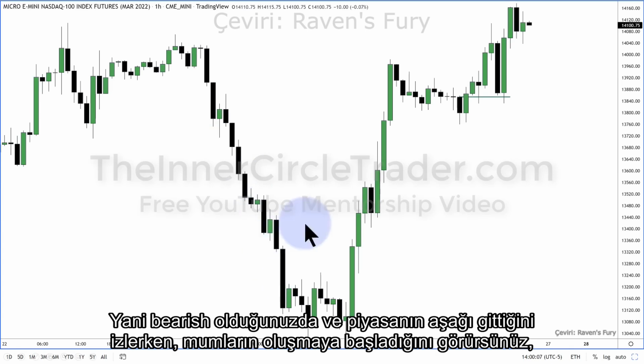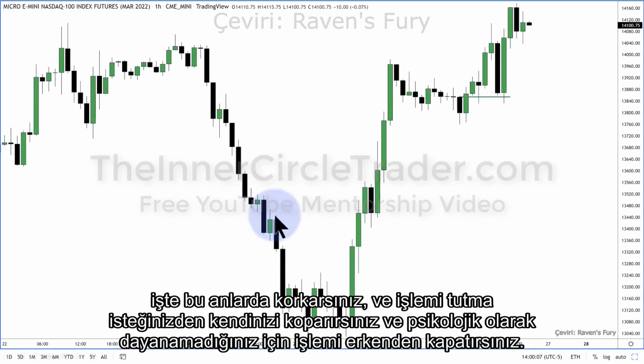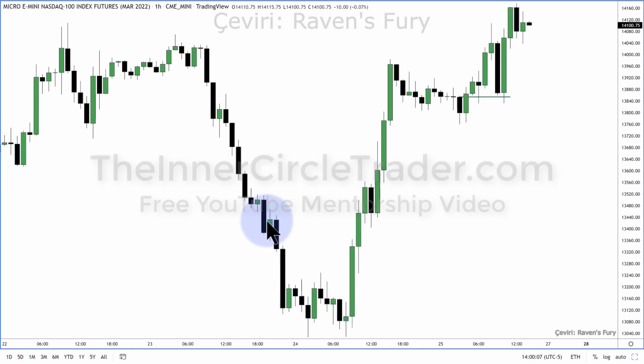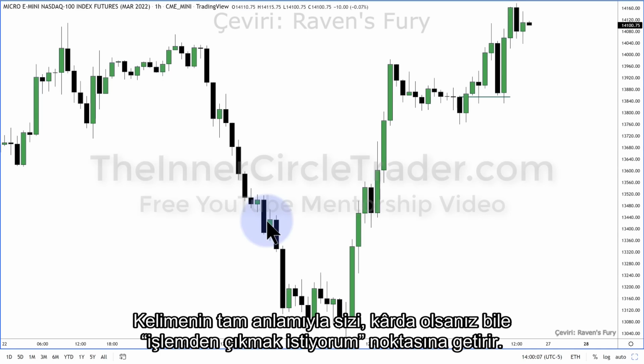So when you're bearish and you're watching the market go down and you see candles starting to form a potential up close candle, you as a neophyte that is new to trading, these are the moments where you get scared and you basically snap yourself out of the desire to hold the trade and you just collapse the trade because you can't handle it. It's that overwhelming uncertainty that eats at you like mental cancer. It just literally makes you want to get out of the trade, even when you're in profit.